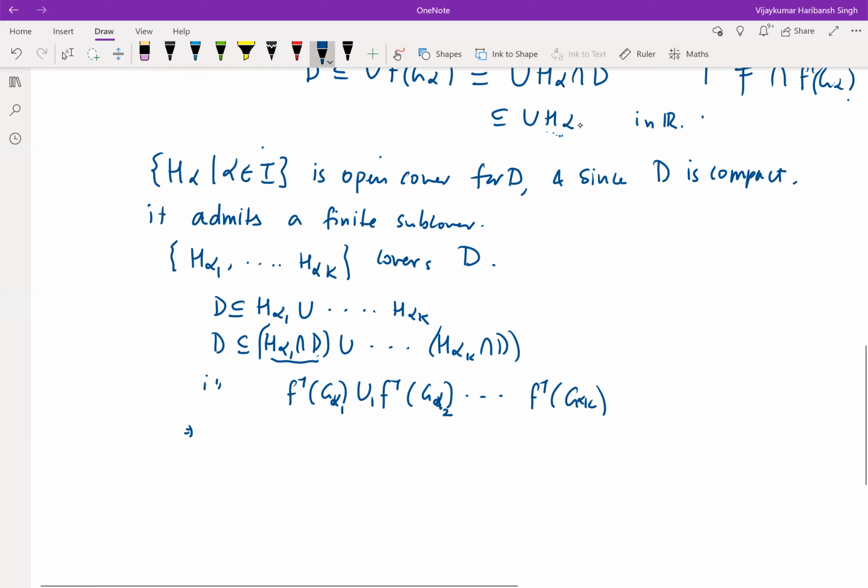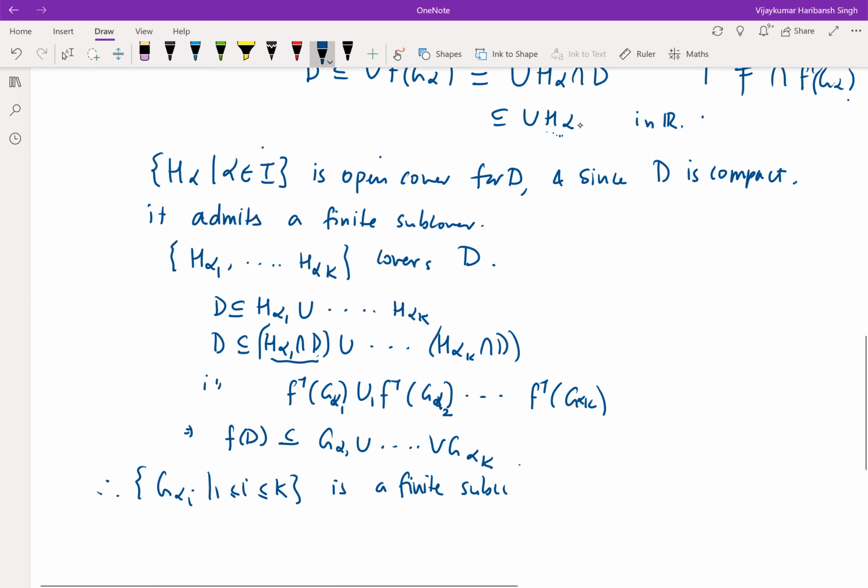So this would imply that f of D is contained inside G alpha 1 union through G alpha k. Therefore G alpha i, going from 1 to k, is a finite subcover for f of D. Therefore f of D is compact. Okay, so that basically does it.